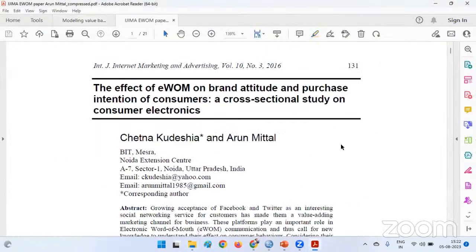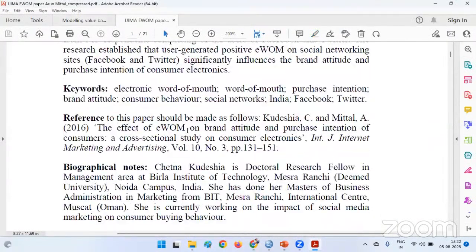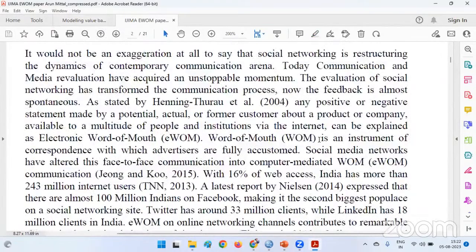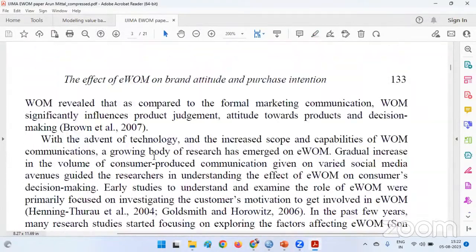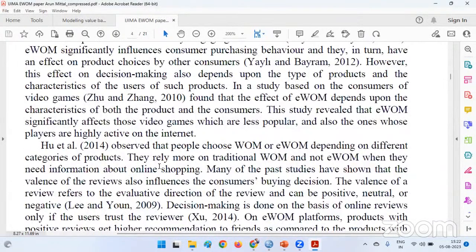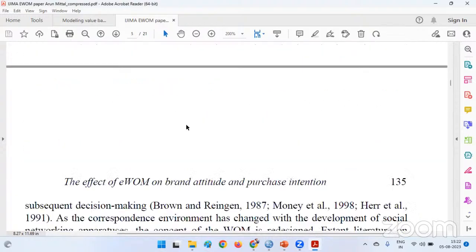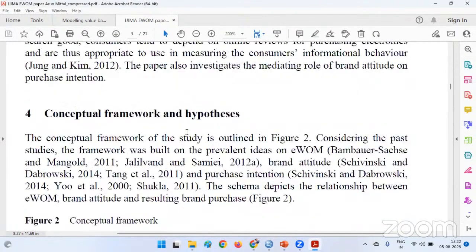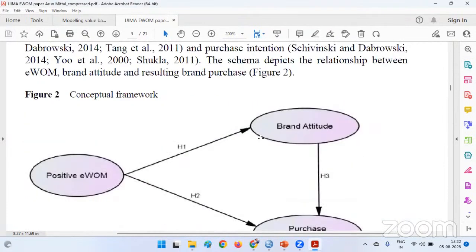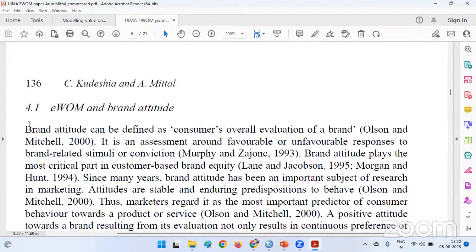This is also a Scopus indexed paper with one of my scholars. This is the introduction. Then this is the literature review. Observations from the literature are also a part of the literature review. The conceptual framework is also a part of the literature review, and then hypotheses are developed.